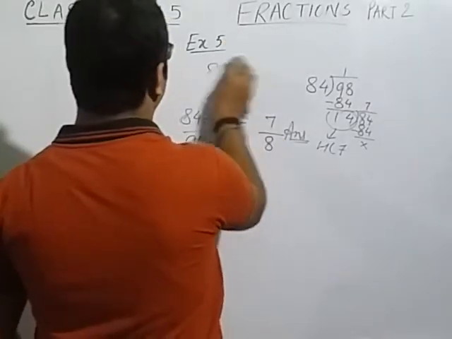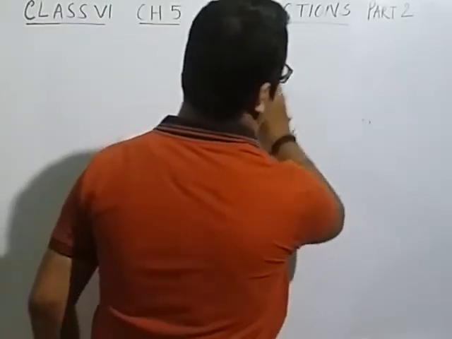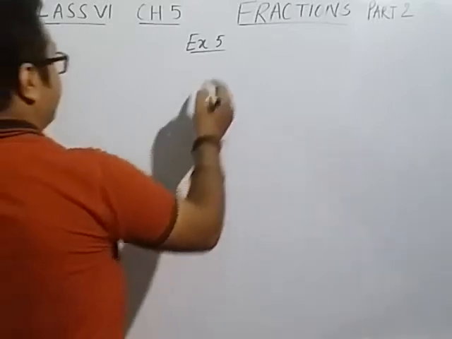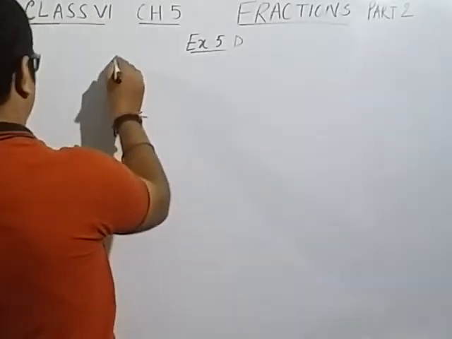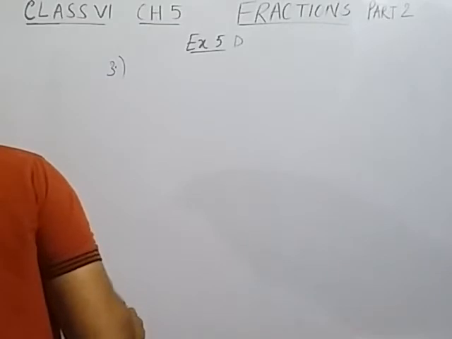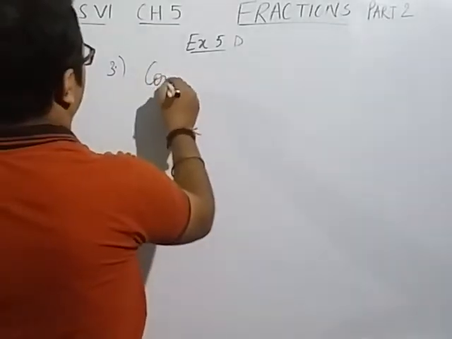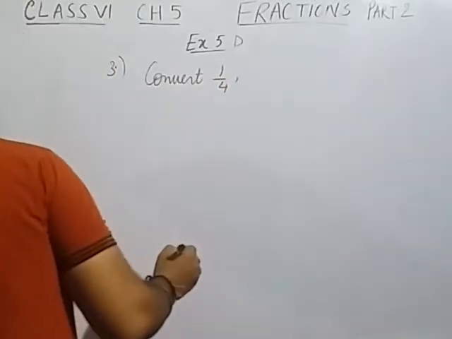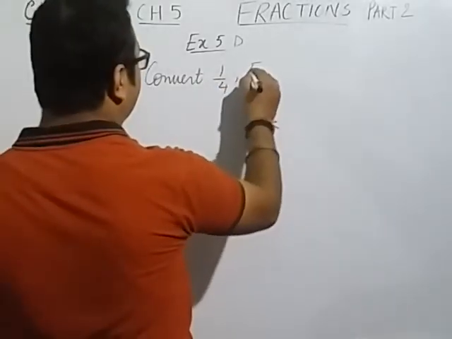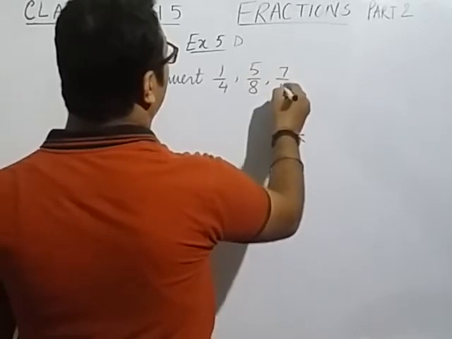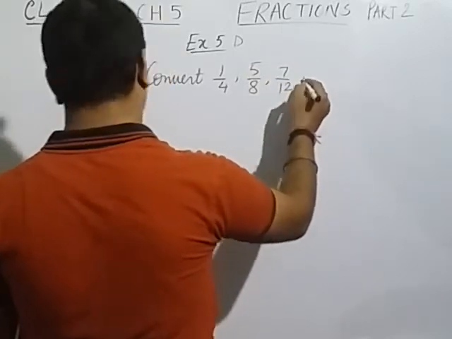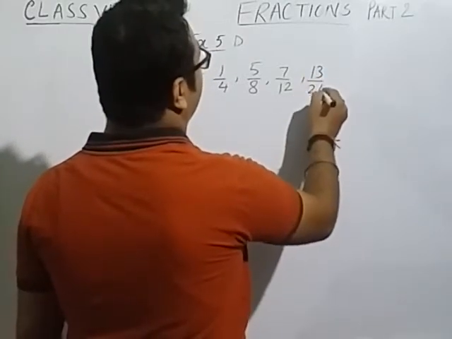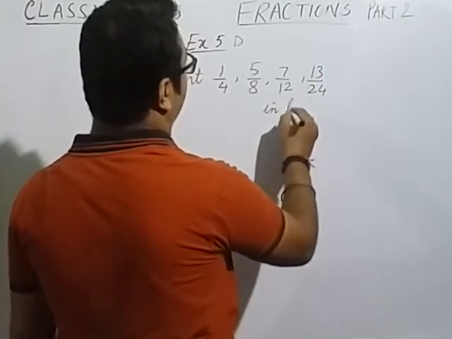Exercise 5D, question number 3. Question is convert 1/4, 5/8, 7/12 and 13/24 into like fractions.